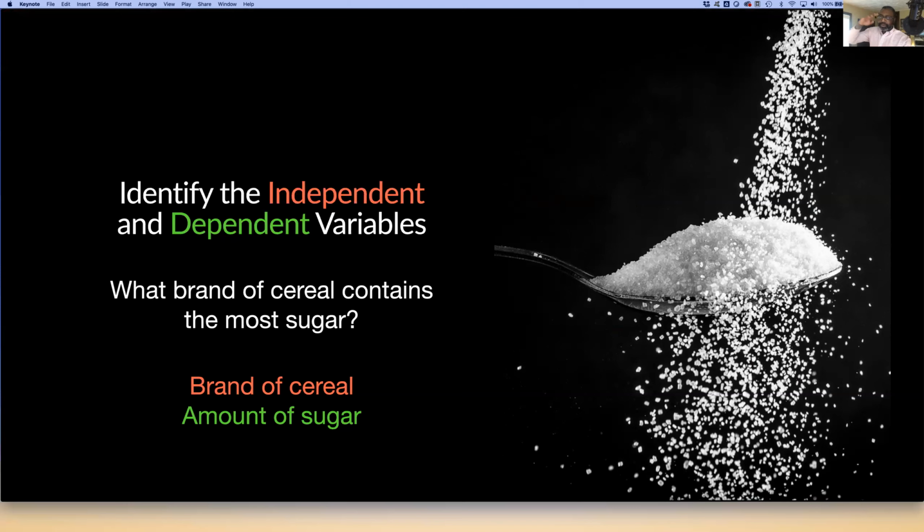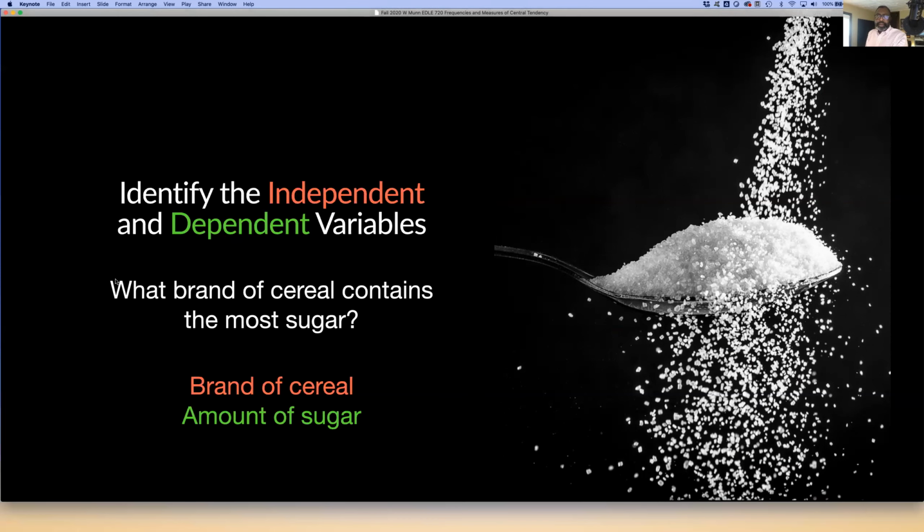So you can imagine a spreadsheet with brand of cereal in one column and amount of sugar in the other column, and you can go down the box label and say, okay, this is how many milligrams of sugar are in this one, and you can start to see the variation. So the brand of cereal is going to clearly have an impact on how much sugar is actually in there.